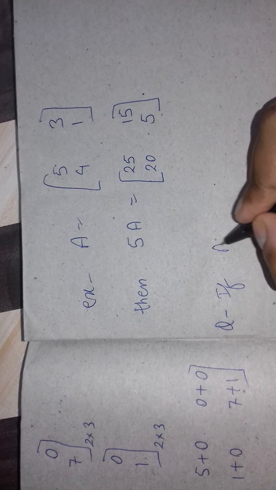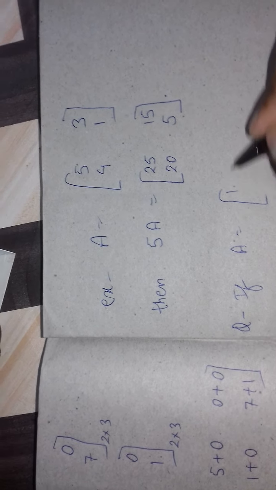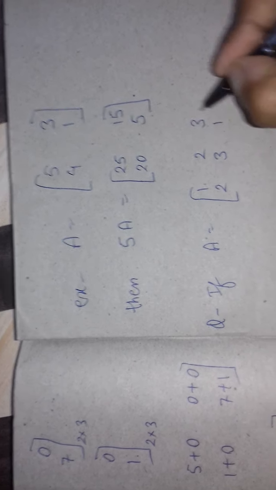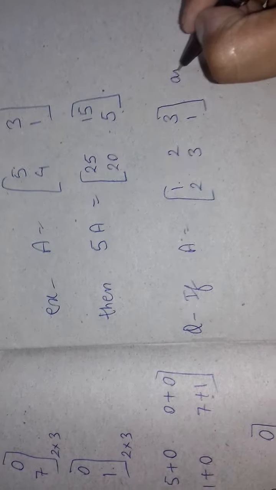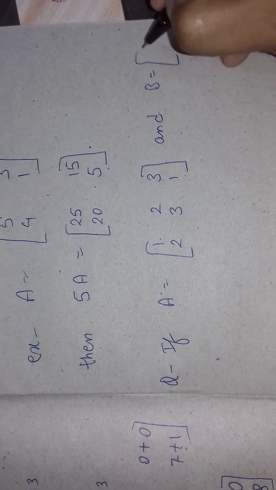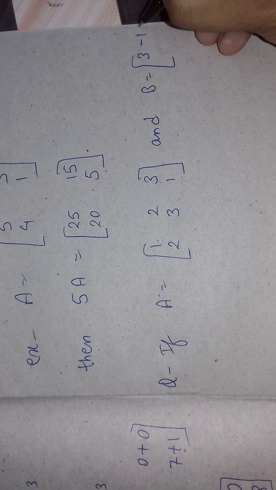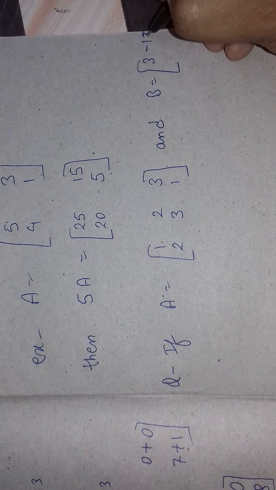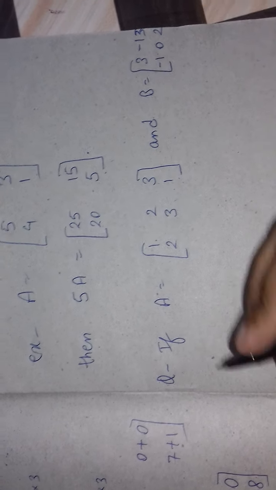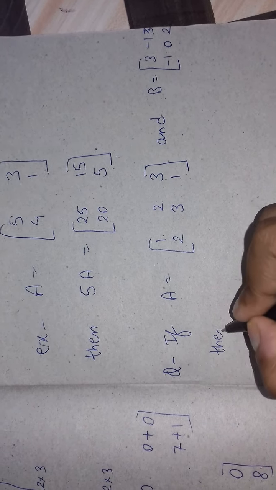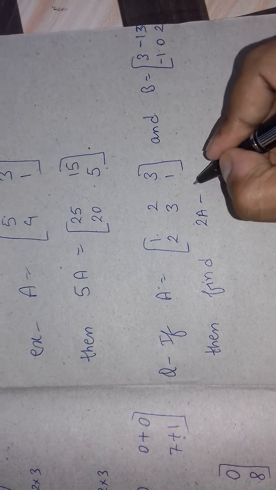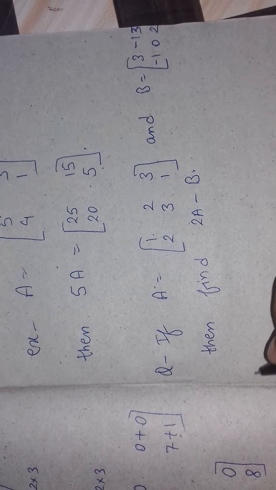Like if A is equal to 1, 2, 3, 2, 3, 1 and B is equal to 3, minus 1, 3, minus 1, 0, 2. Then find 2A minus B.